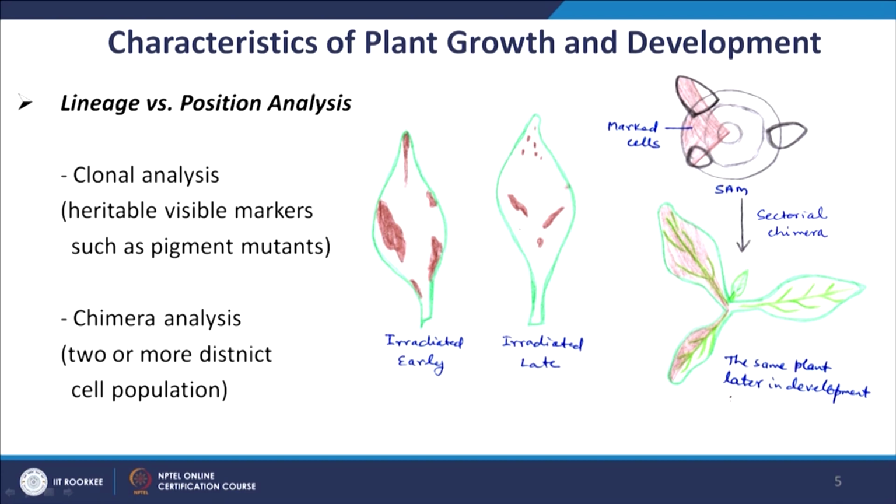So, one small portion or sector of this growing meristem has certain marked cells and others are unmarked cells. And if you look at the plants which are coming from this meristem, you can clearly see that some regions of these plants which are coming from these cells are the marked ones. Using these two experiments, you can trace out the lineage of a particular cell.